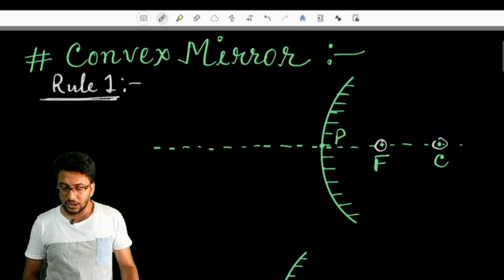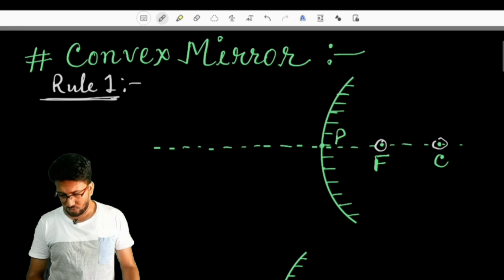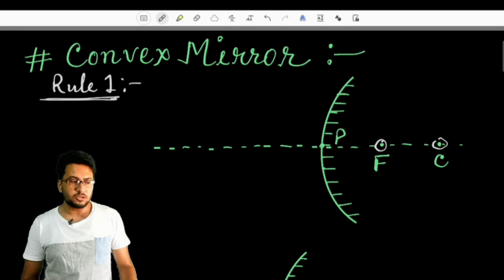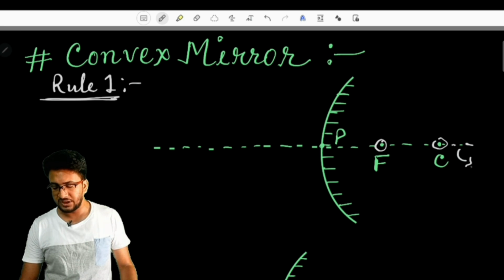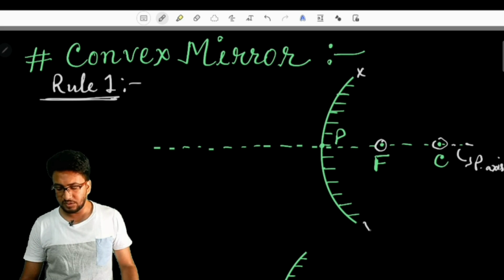Fine. Now, for rule number 1, let this be the principal axis, XY the curvature of the mirror, and P the pole of the mirror.